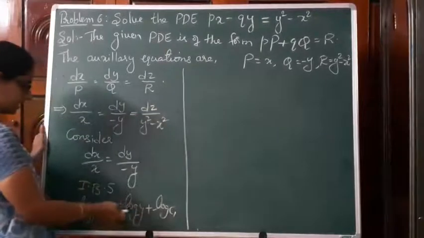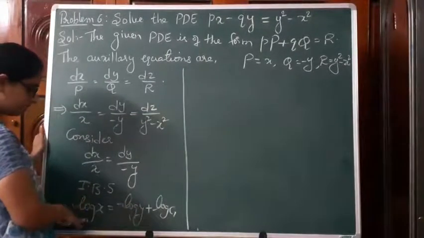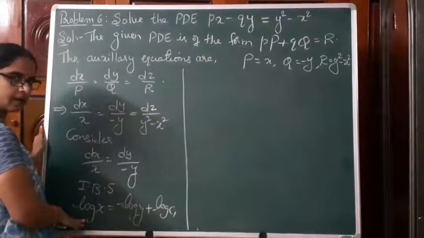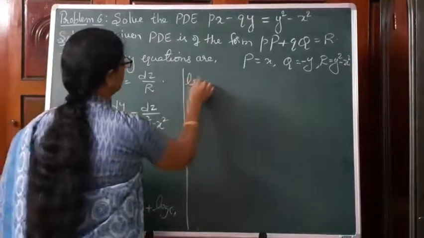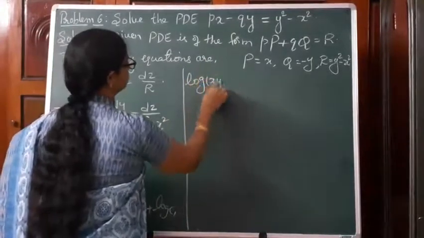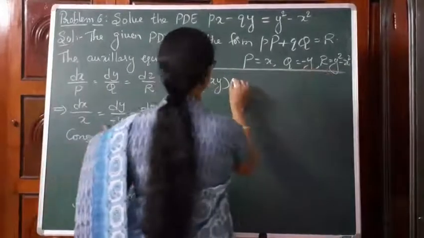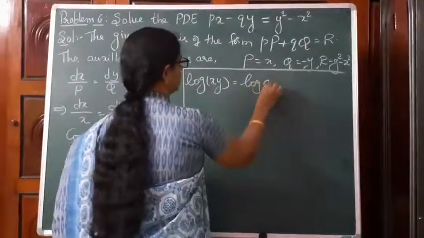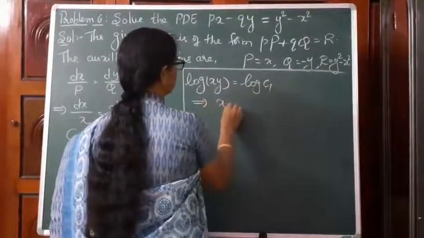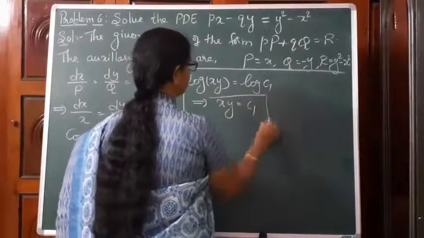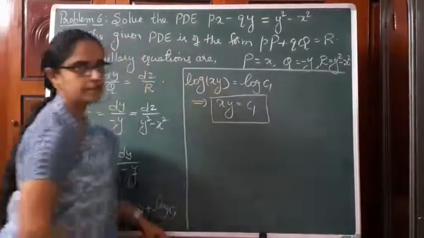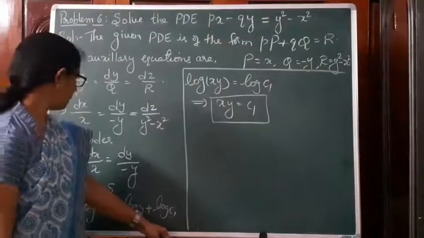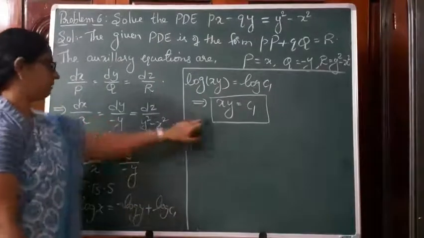Log y can be taken to the left hand side. Log x plus log y becomes log xy. Log xy is equal to log c1, so that xy = c1 is one of the solutions.